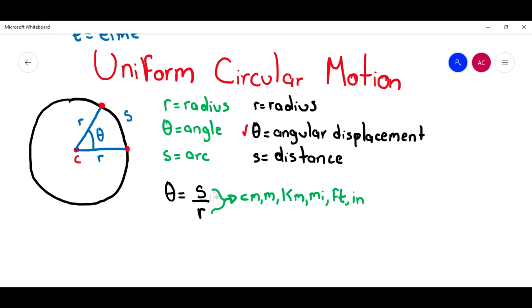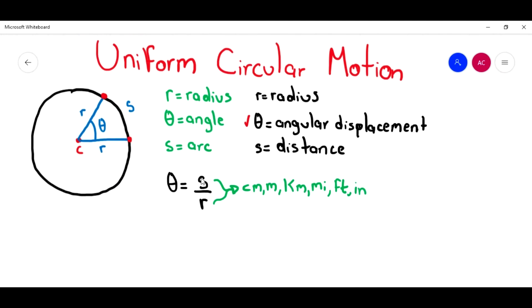But it is very important that both have the same units, both in centimeters, both in meters, both in kilometers. I'm going to circle this equation. This equation is the angular displacement, and it is the first equation that I'm going to use.